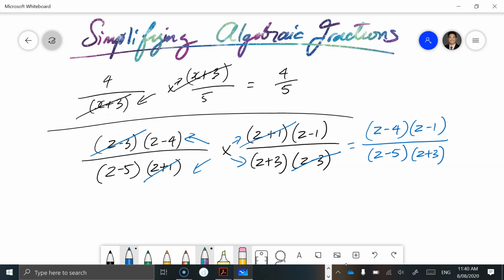I want you to understand that these sets of brackets are the factorized form of your quadratic expressions. So all of these on these four parts of the fraction, the top here, the bottom here, top here, and the bottom here, are factorized quadratic expressions, and we need to factorize them before we can actually get to canceling out and simplifying the fractions.